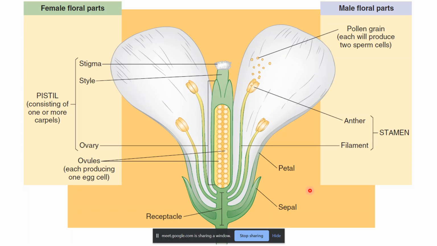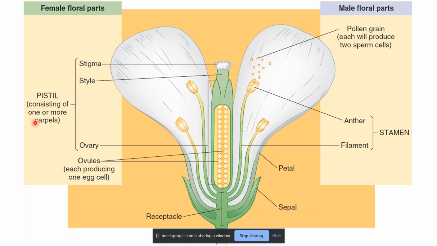So the female parts of the flower are called carpels.